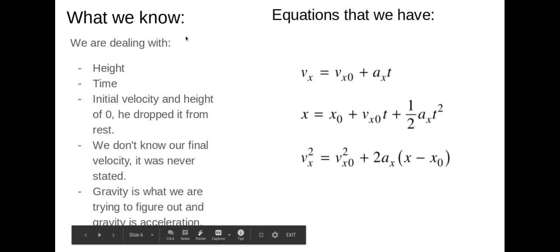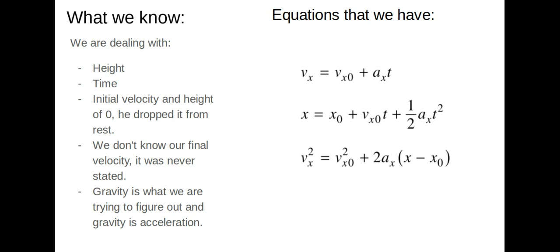Once we go through everything that we're dealing with, we look at the equations we actually have access to. I pulled these from your equation sheet, the same one in your course materials, the one you have for every test and quiz, and the one you get on the AP exam. So I have these 3 equations.